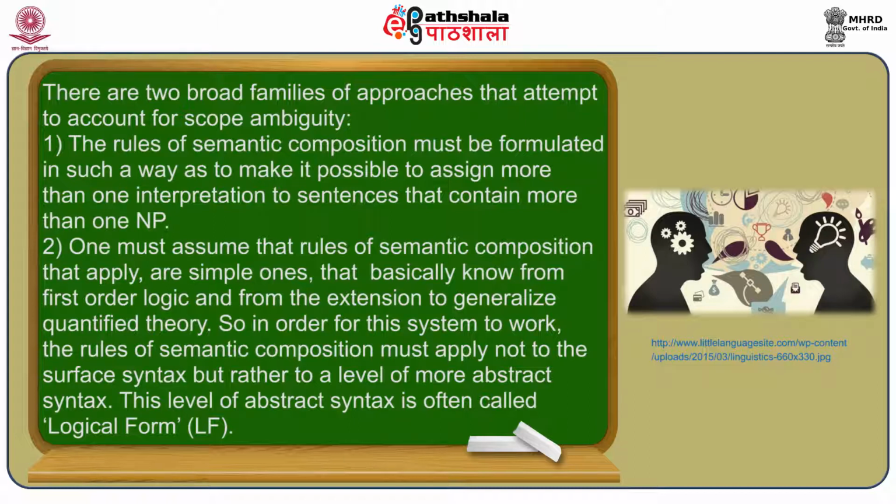This level of abstract syntax in current linguistic theories is often called logical form, LF. We will follow a version of the latter approach as it allows us to keep a relatively simple semantic theory, though it complicates the syntax somewhat.